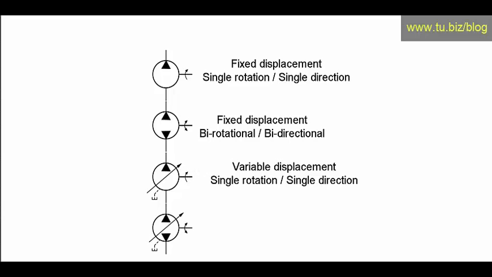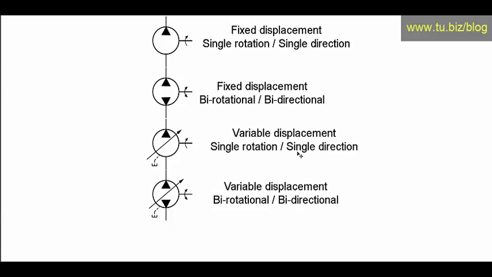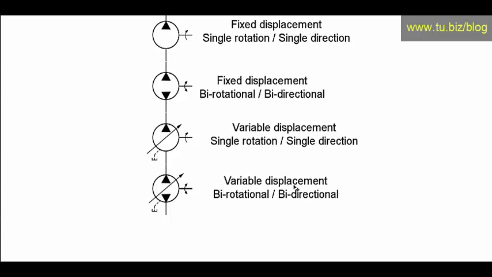We go to the next unit, and this time we have a variable displacement with two directions and two rotations. Flow coming in both directions, and the shaft rotates in both directions. You don't always have a birotational with a bidirectional pump.